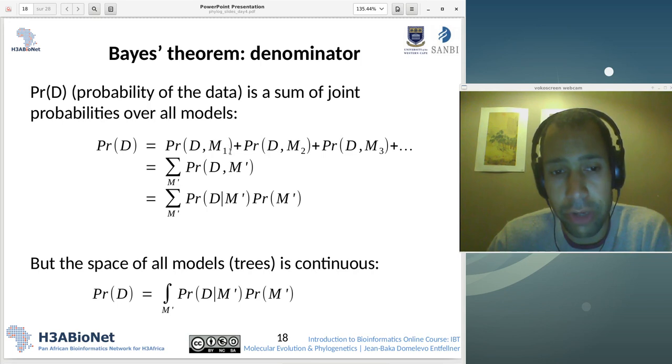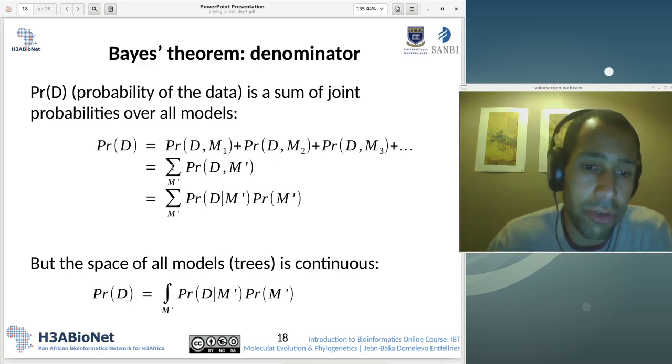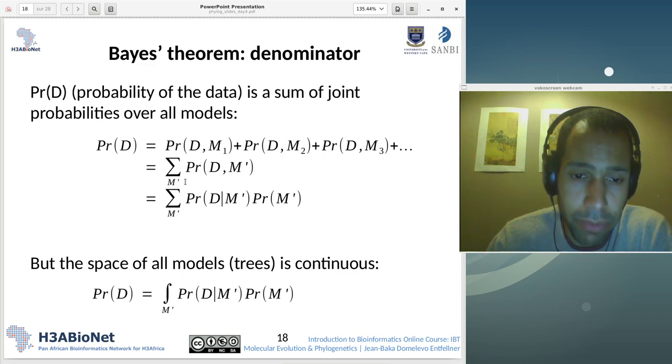You cannot have at the same time D and M1 and D and M2 because M1 and M2 are two different models. So it's the sum of the probability of D and M prime over all M primes.